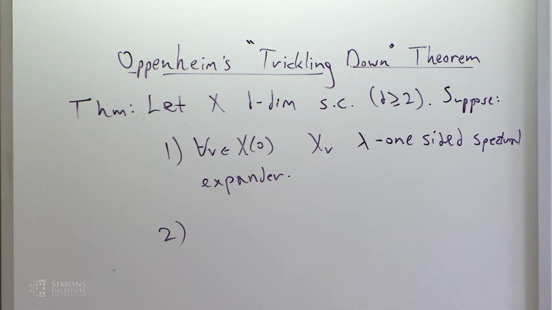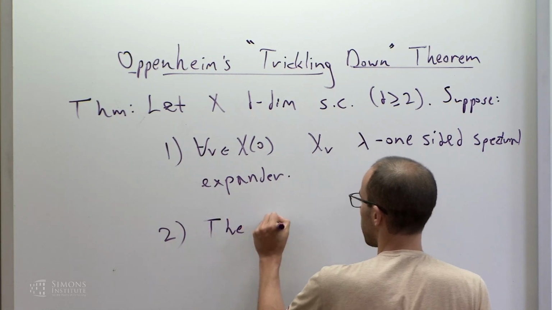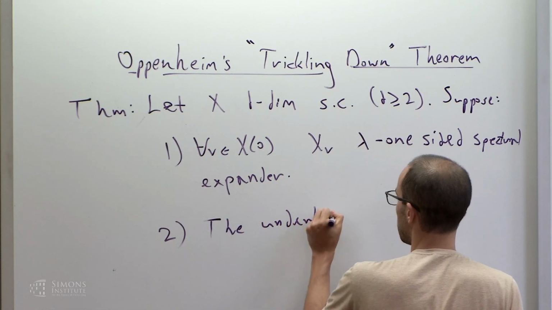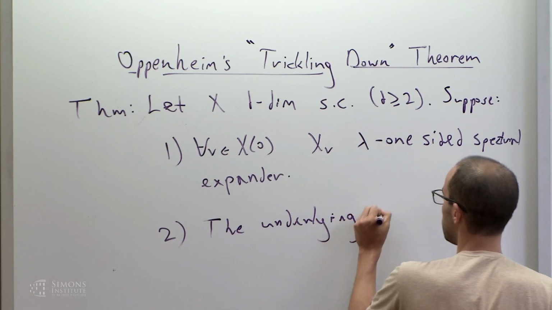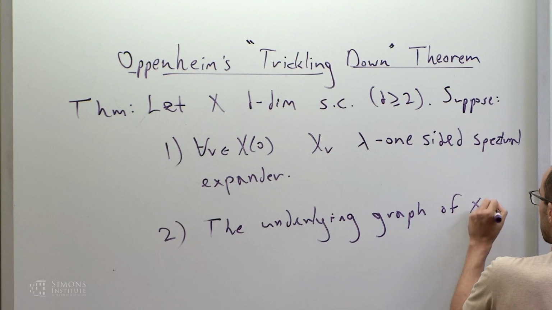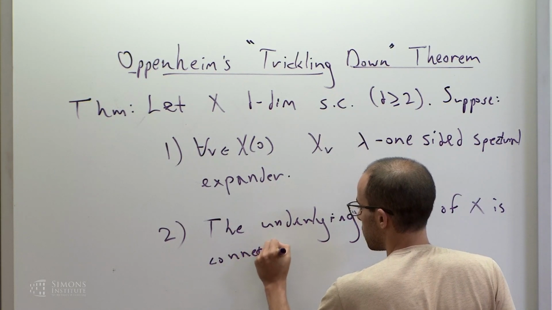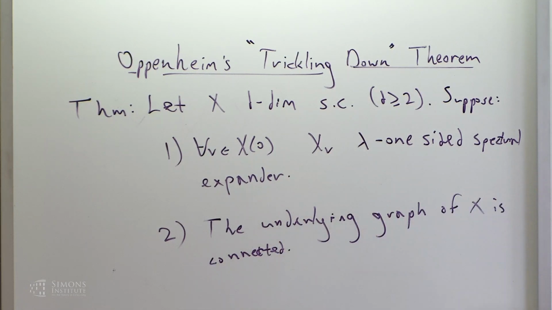And the second assumption, which is a bit more technical, is that the underlying graph G(X) is connected. Okay, so this is our setting. We have a d-dimensional simplicial complex.